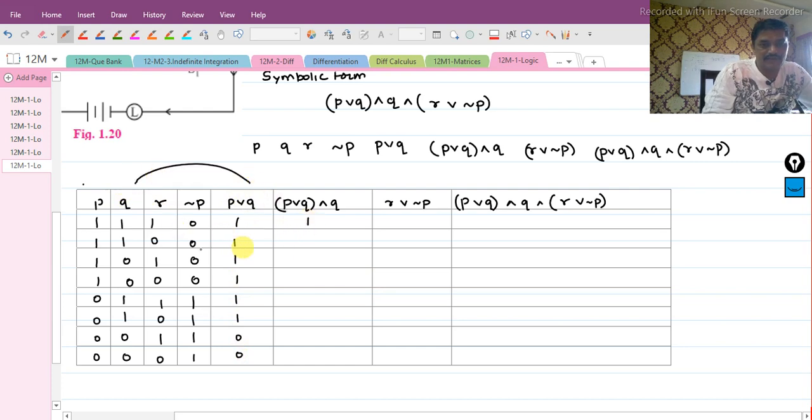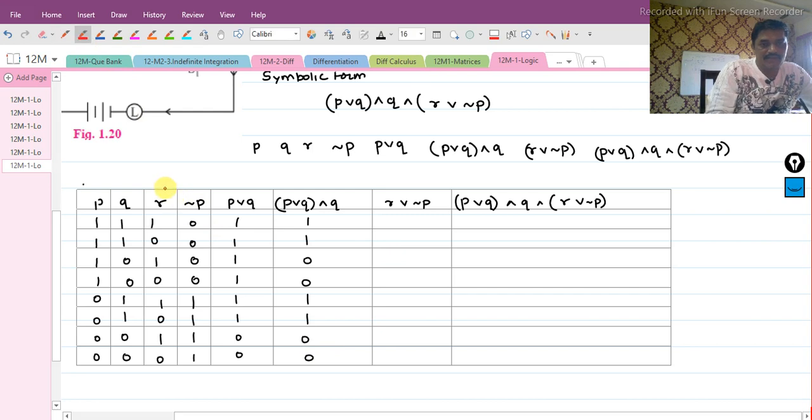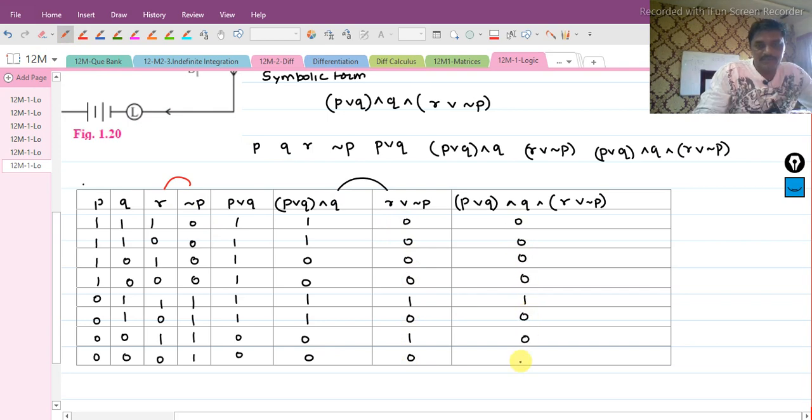1 1 1 1 1 1 0 0 ANDed gives 0 0 0 0... Now we need R and negation P, the ORing of both of them here. So this is again 0 0 0 0 1 0 1 0. And last, I want the ANDing of these two: 0 0 0 0 1 0 0 0.